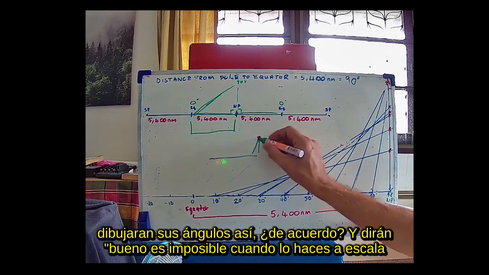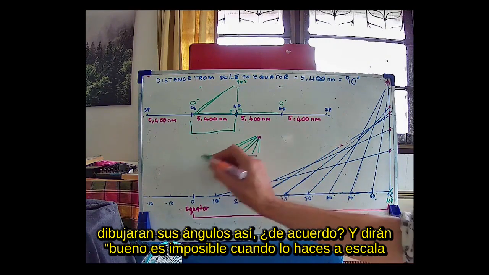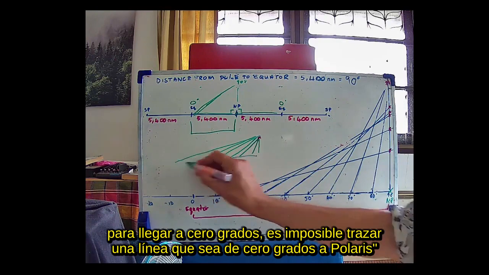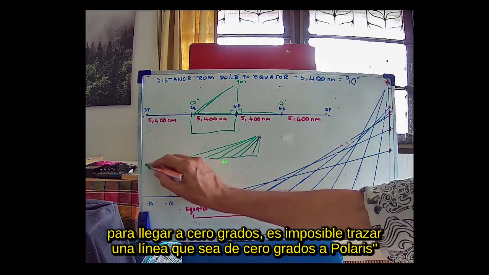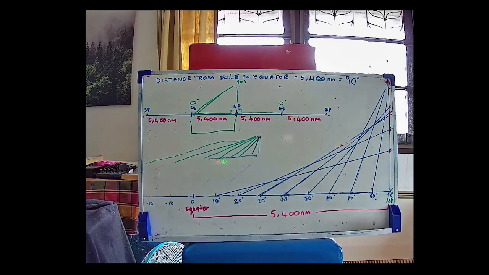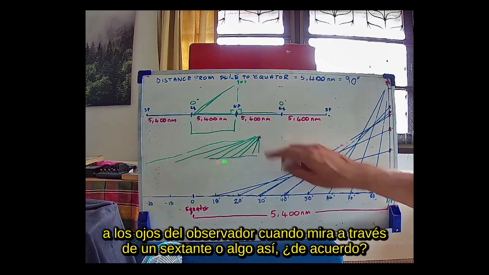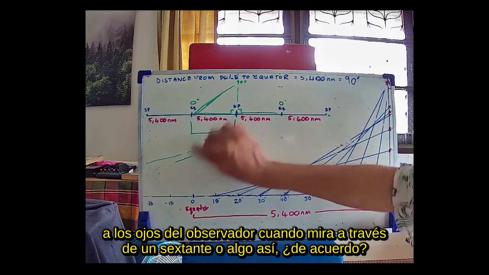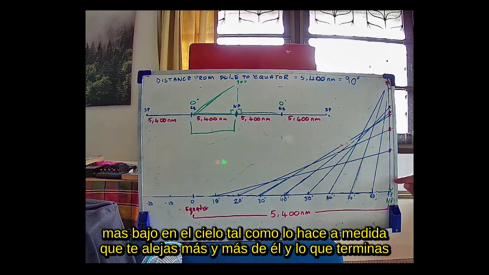And so they'll draw their angles like this, and they'll say, well, it's impossible, when you do it to scale, to get to 0 degrees. It's impossible to draw a line that would be 0 degrees to Polaris. Well, of course, what you're not doing is representing how Polaris is seen in the eyes of the observer when they're looking through a sextant or something like that. So when we actually represent it, when we just draw it like this, you can see that Polaris does appear lower in the sky, just as it does as you get further and further away from it.